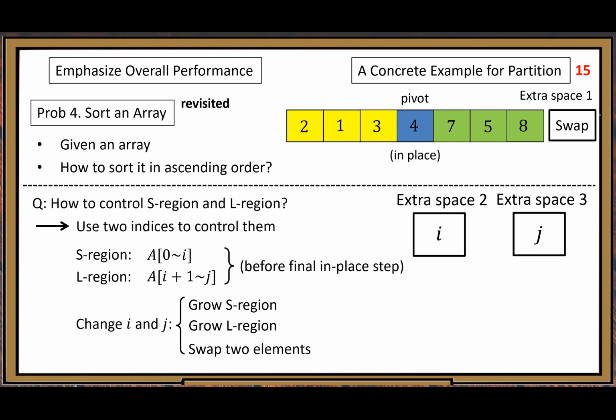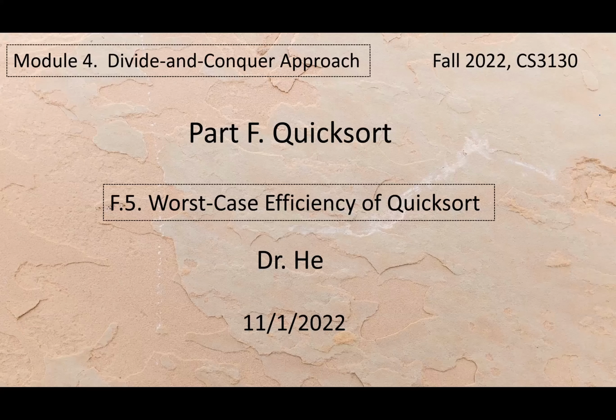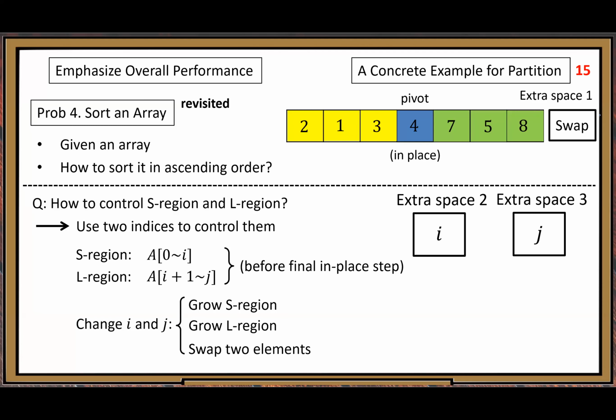Remember, this step is for that separation problem. I do not write how to increment, but that step is trivial, right? It's pretty obvious, so I do not need to tell you how to change these two values.